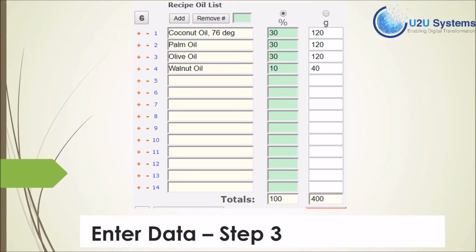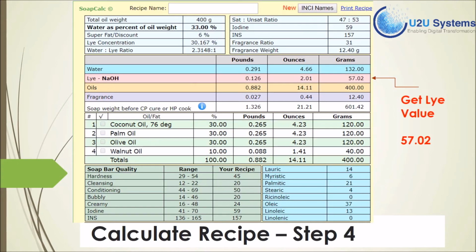Next, we enter the oils which we are using: coconut oil 30%, palm oil 30%, olive oil 30% and walnut oil 10%. On calculation of the recipe, the amount of oils to be used in grams is automatically created.